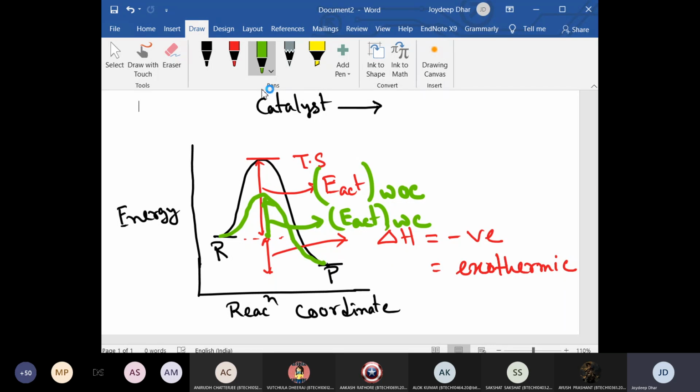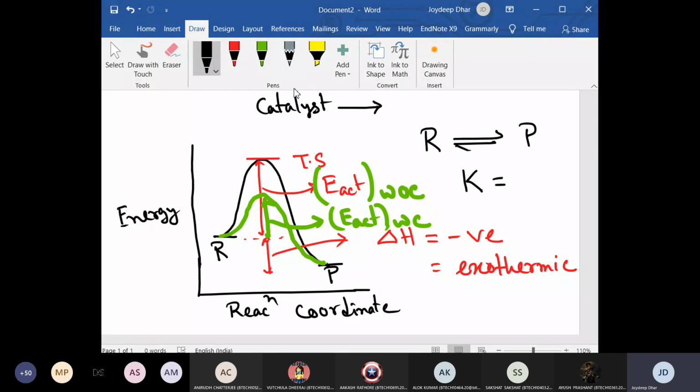If I consider the reversible case, because all reactions you can consider as reversible, there is the forward reaction as well as some backward reaction from product to reactant. That's why we can write reactant to product, and then there will be an equilibrium constant given by the ratio of product by reactant. There is a continuous reaction from reactant to product as well as from product to reactant.